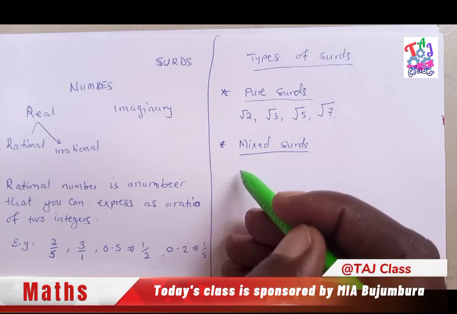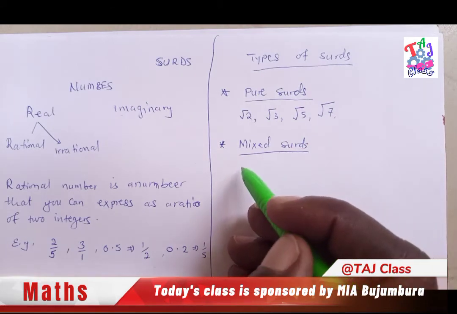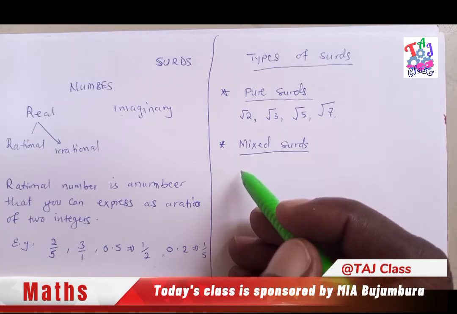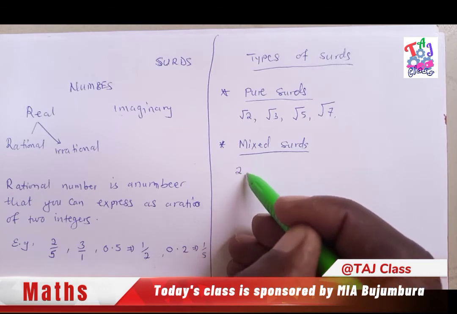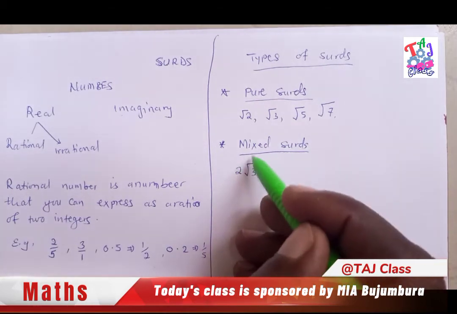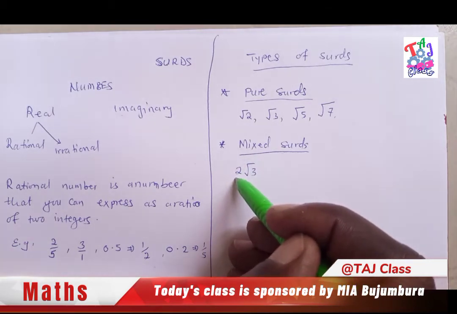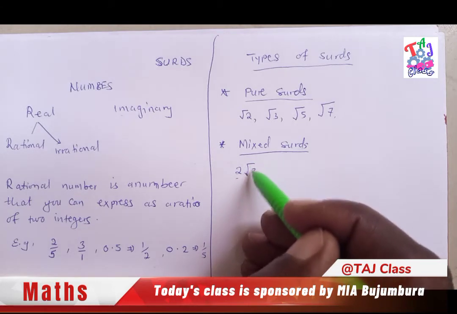Now, mixed surds, for it has gotten 2 rational numbers, but one of them should be under root. That is to say, for instance, this one is a mixed surd because it has gotten one real number here and an irrational number, or a surd.